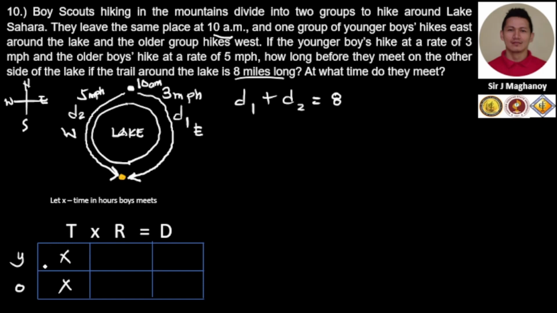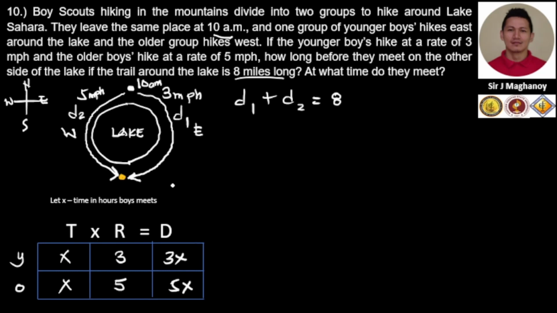How about the rate of our younger Boy Scouts? They are moving at a rate of 3 miles per hour, and the older boys are moving at a rate of 5 miles per hour. If we apply our formula, this will become 3x and this will become 5x.